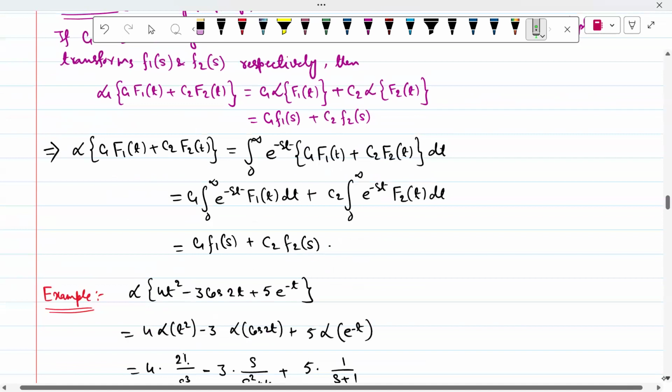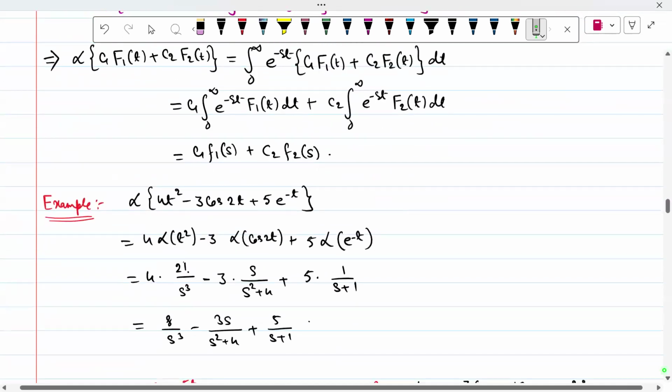Now we apply it in the following. Take an example: the Laplace transform of 4t square minus 3 cos 2t plus 5 e to the power minus t. By the previous formula, the linear property, we can write 4 into the Laplace transform of t square minus 3 into the Laplace transform of cos 2t plus 5 into the Laplace transform of e to the power minus t.